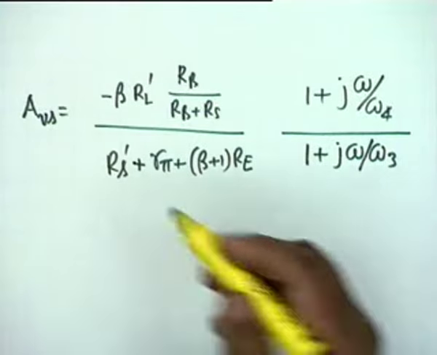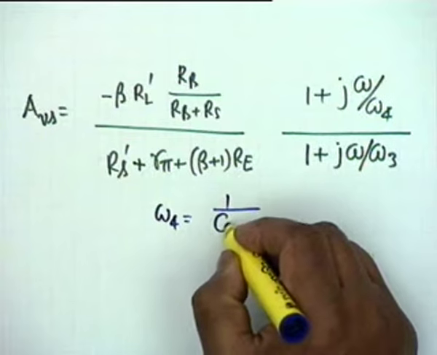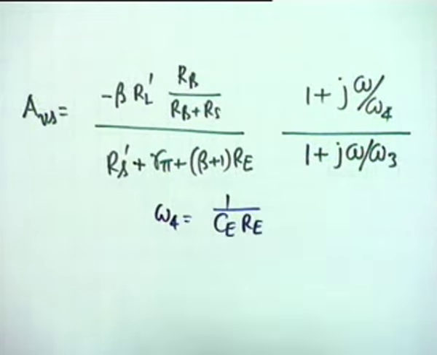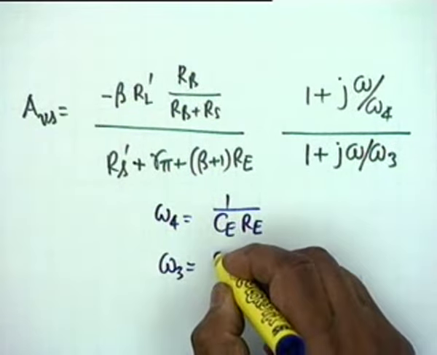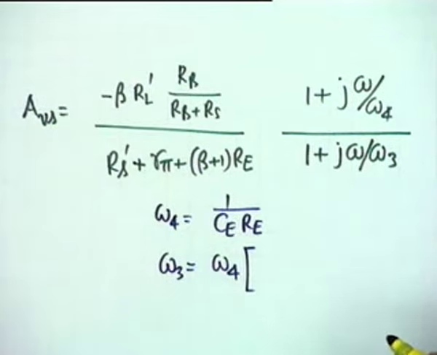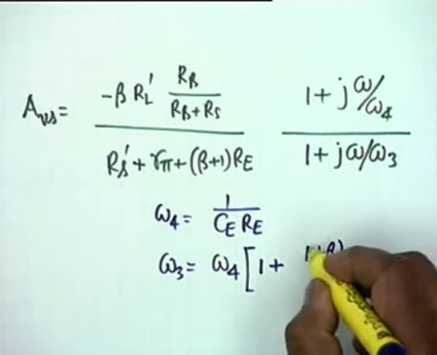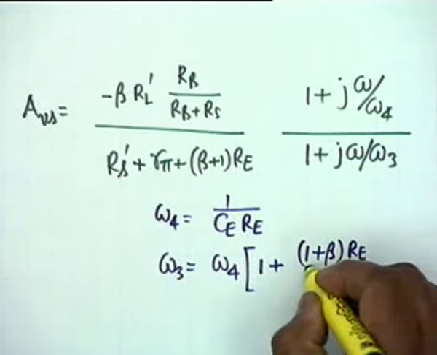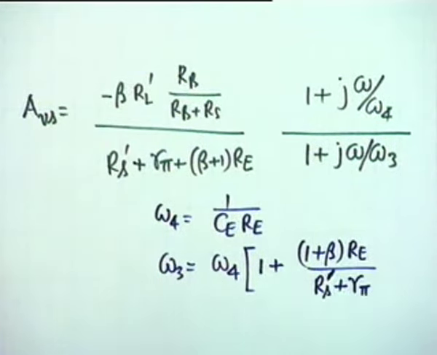The values are omega 4 is equal to 1 over Ce Re and omega 3 is equal to omega 4 multiplied by 1 plus beta Re divided by Rs prime plus R pi. This is it.